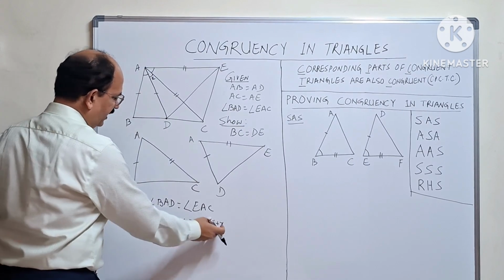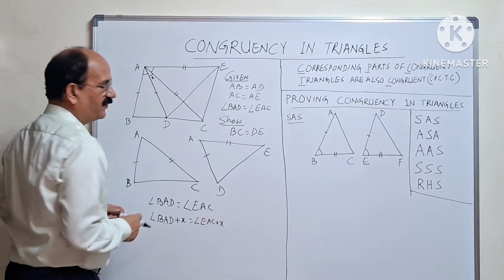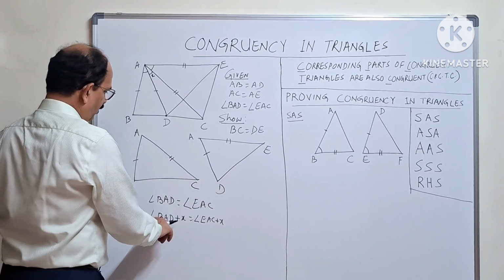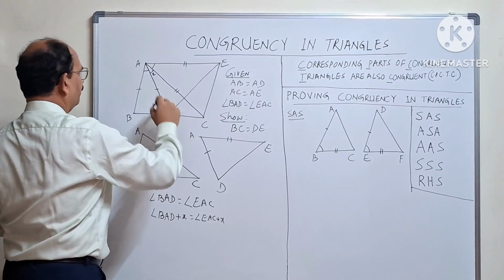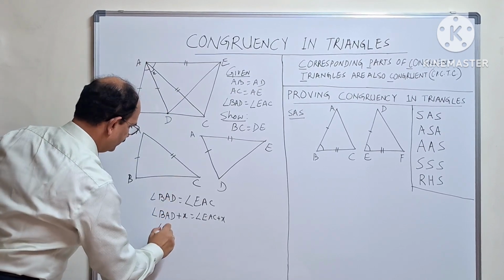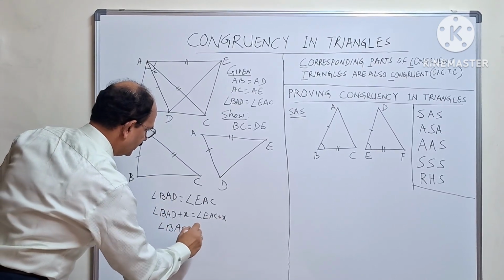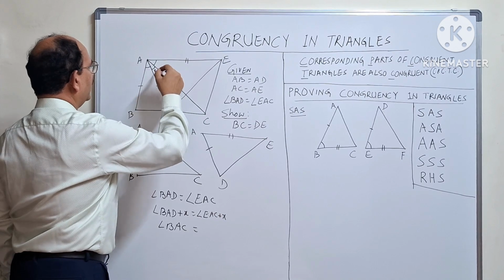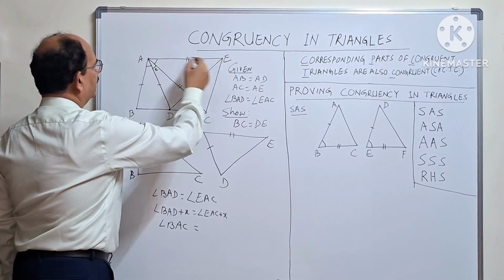If I add the same angle on both sides of an equality, my equality doesn't change. Now, angle BAD plus X will be angle BAC, and angle EAC plus X will be angle EAD.